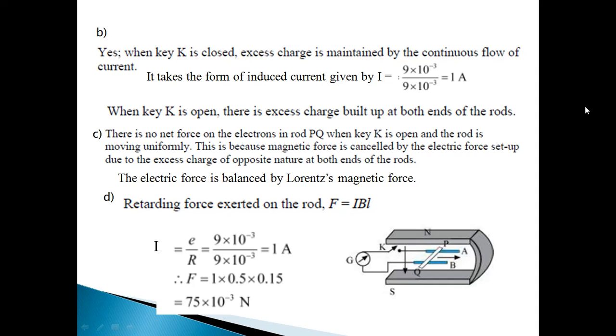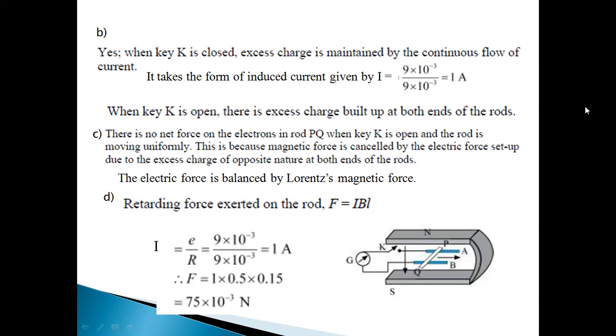Now C, the question for C. With K open and the rod moving uniformly, there is no net force on the electrons in the rod PQ, even though they do experience magnetic force due to the motion of the rod. Explain. So there is no net force on the electrons in rod PQ when K is open and the rod is moving uniformly.